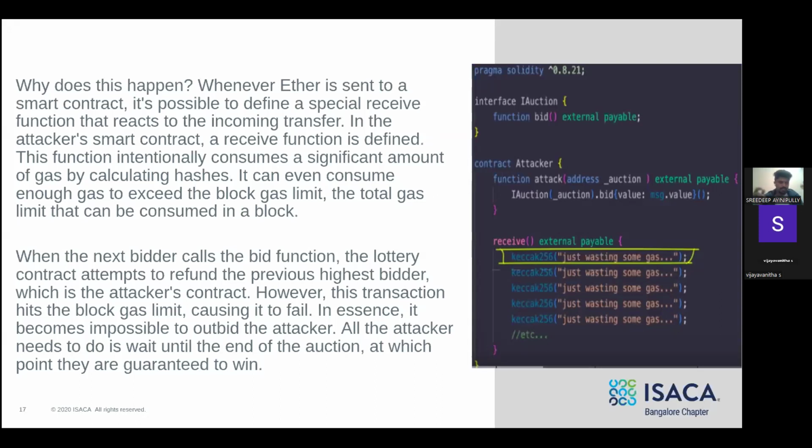Yeah. Okay. The functionality intentionally consumes a significant amount of gas by calculating hashes. So that's what I mentioned. If your contract takes a significant amount of work calculating hashes, then your gas amount will be higher, because it has that much computational work to complete your transaction.